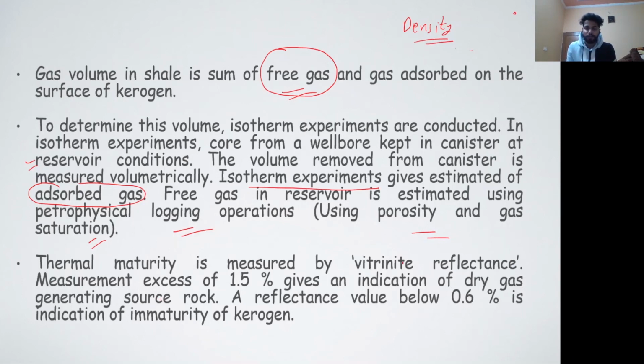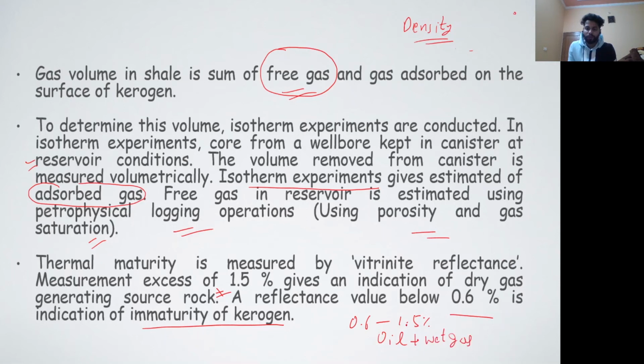Thermal maturity is measured by vitrinite reflectance, as we discussed earlier. A measurement in excess of 1.5% gives an indication of dry gas generating source rock. Okay. A reflectance below 0.6% is an indication of immaturity of kerogen. So between 0.6 and 1.5%, we are getting our oil and wet gas.